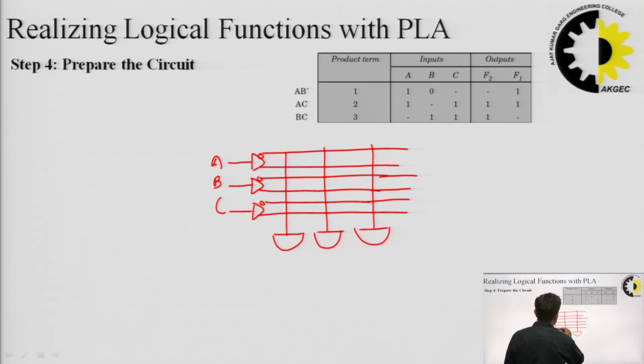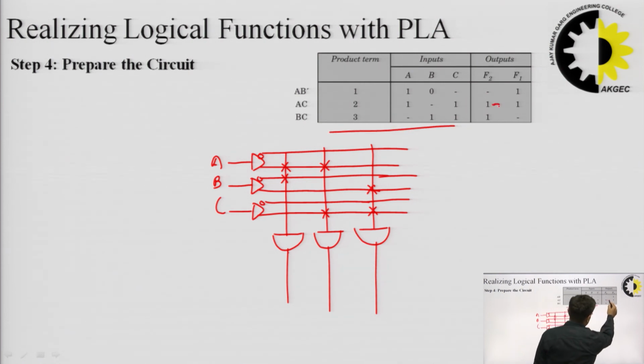The first product is AB bar: this is A and this is B bar. The second product is AC: this is A and this is C. The third product is BC: this is B and this is C. So these products are ready.